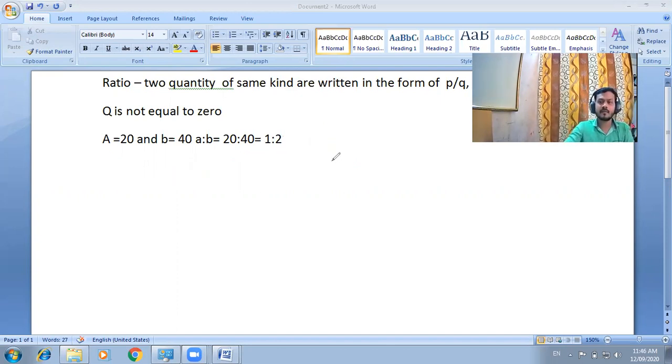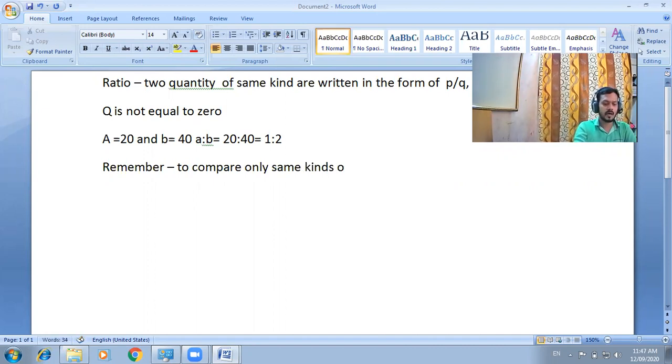But remember, in the comparison of ratio, we can compare only the same kinds of magnitude or quantity.